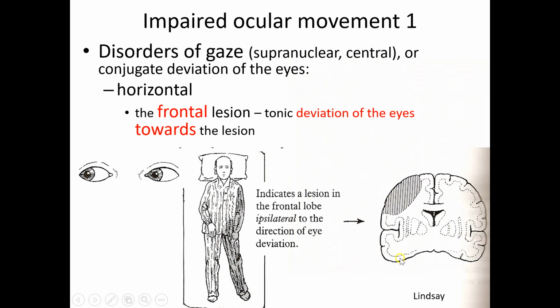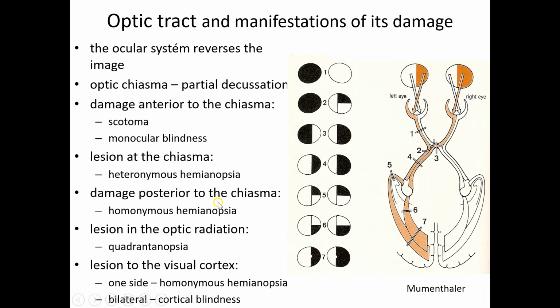While, sorry, lesions at the chiasma will produce what? Heteronymous hemianopia or bitemporal hemianopia. We know there is partial decussation of fibers in the optic nerve. So nasal fibers that carry the temporal field of vision from each side decussate and cross to the opposite side.